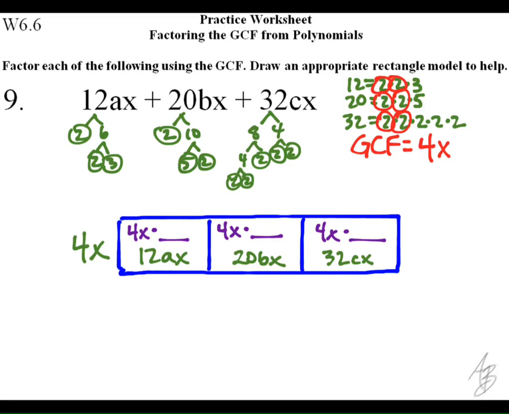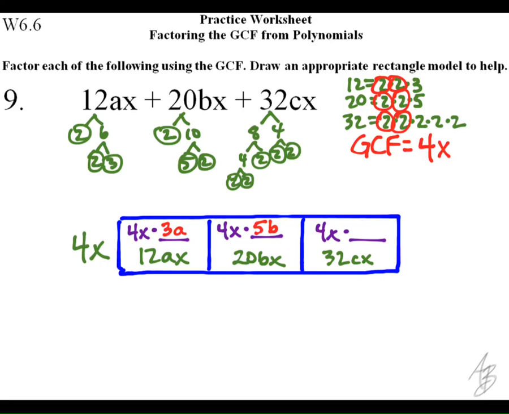What do I multiply by 4 to get 12? 3. What else do I need? I need the A, right? So I've got the X in here already, but I need the A also. So I need 3A. What do I multiply by 4 to get 20? 5, and then we need the B in there.